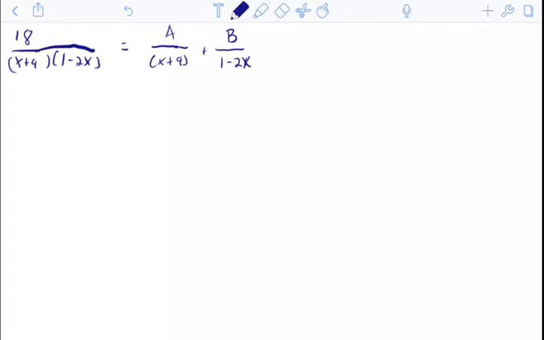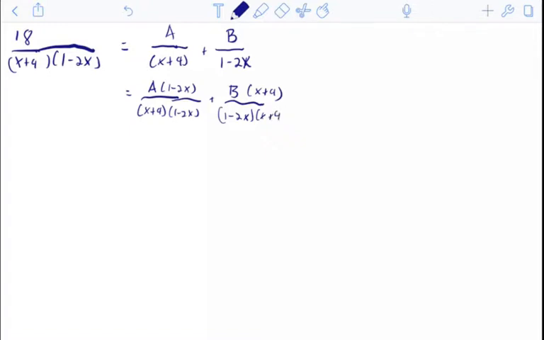And now I multiply the first one by the denominator of the second one so that they match. I need to combine them. And I multiply this one by the denominator of the other one. So it's 1 minus 2x, x plus 4.